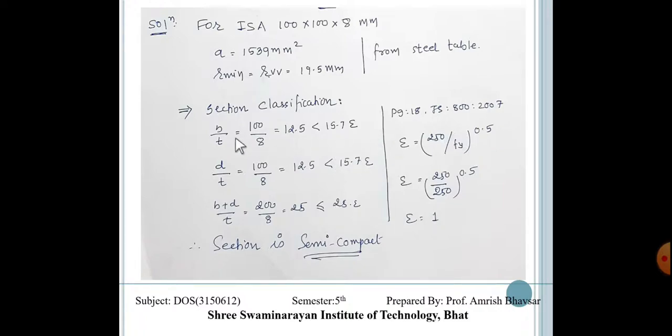So B upon T is 12.5, which is less than 15.7 epsilon. D upon T is the same, 12.5, which is less than 15.7 epsilon. B plus D upon T is 25, which is less than or equal to 25 epsilon. But what is epsilon? Epsilon is given on page number in IS 800:2007.